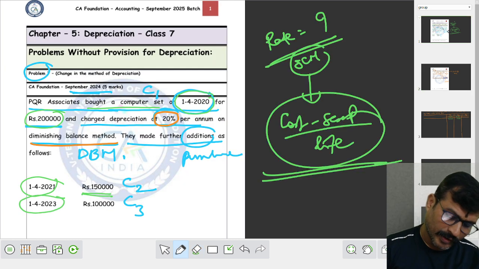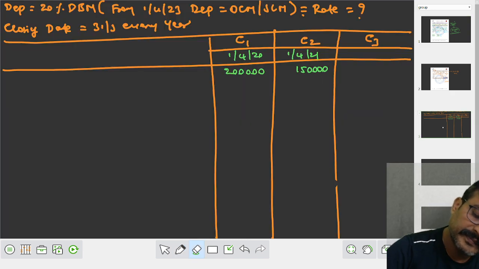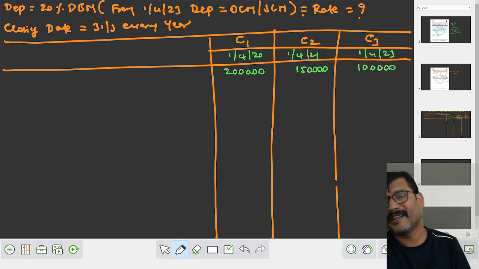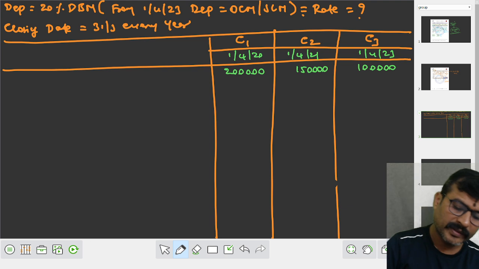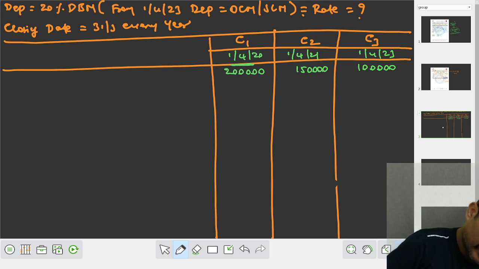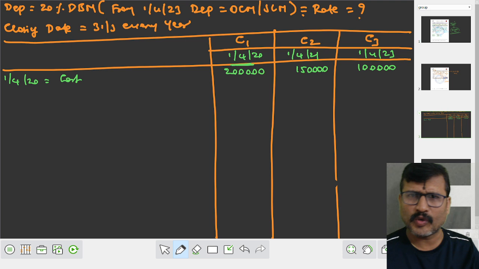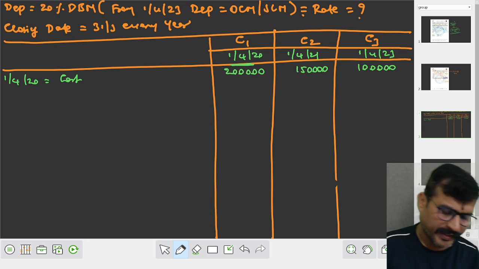The third computer is purchased for 1 lakh on April 23. None of the computers are being sold. Only 3 computers we have. See, this is the date, right? I am supposed to start with the same date. 1st April 2020 cost. Accounts are closed on 31st March every year, right?